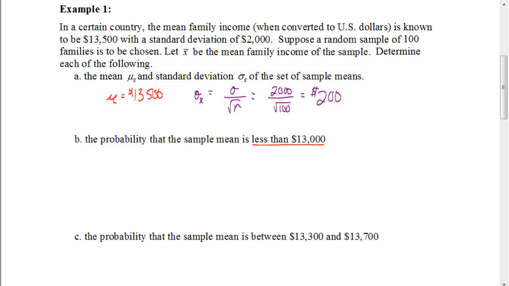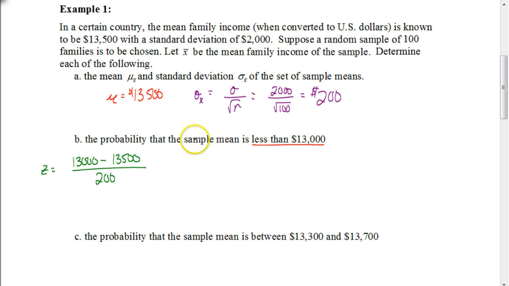Now we want to find the probability that the sample mean is less than $13,000. My first step is to figure out how many standard deviations below the mean that $13,000 would be. To do that I use my z-score. Now it's important to recognize my z-score here. Typically, we would take the value of 13,000 minus the 13,500 and divide that by the standard deviation for our population, the $2,000.